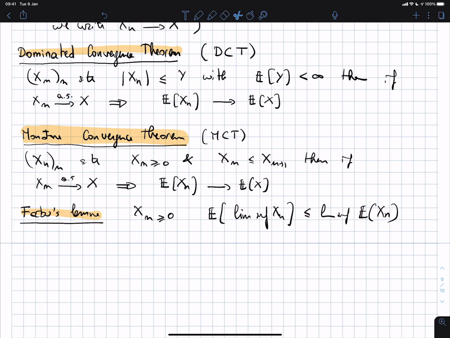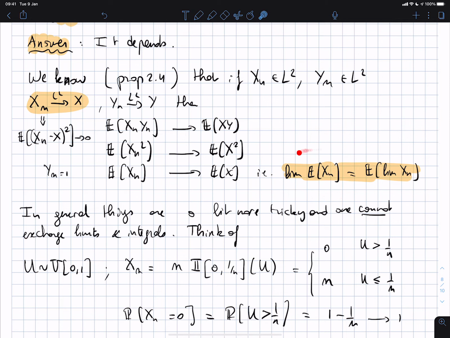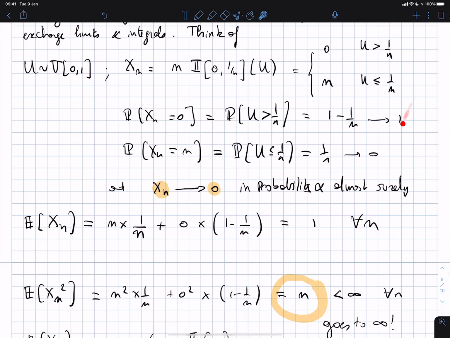Again, it's a bit like the material in chapter 2. I try to skip over some details to make the course not too intricate mathematically, but you still need to have this kind of knowledge somewhere in your background. You have to know that this is not always possible: you cannot always exchange expectations and limits. Try to understand this example.